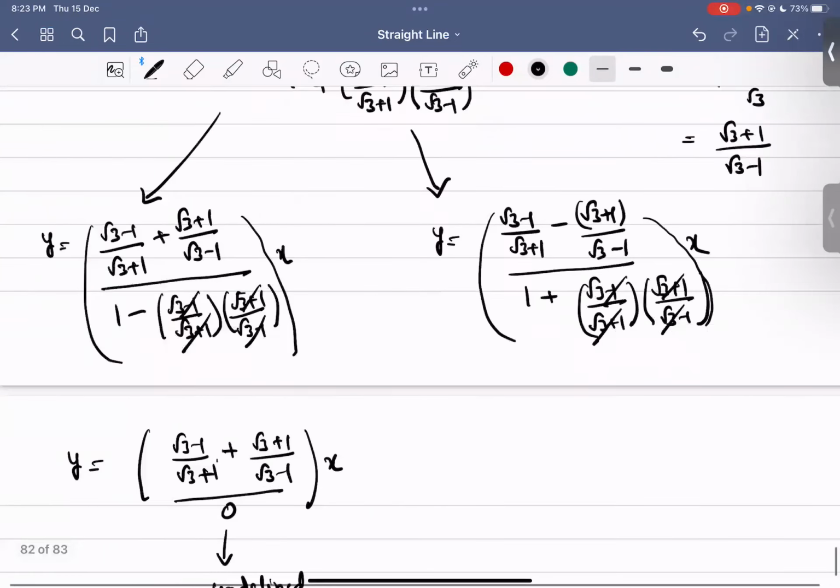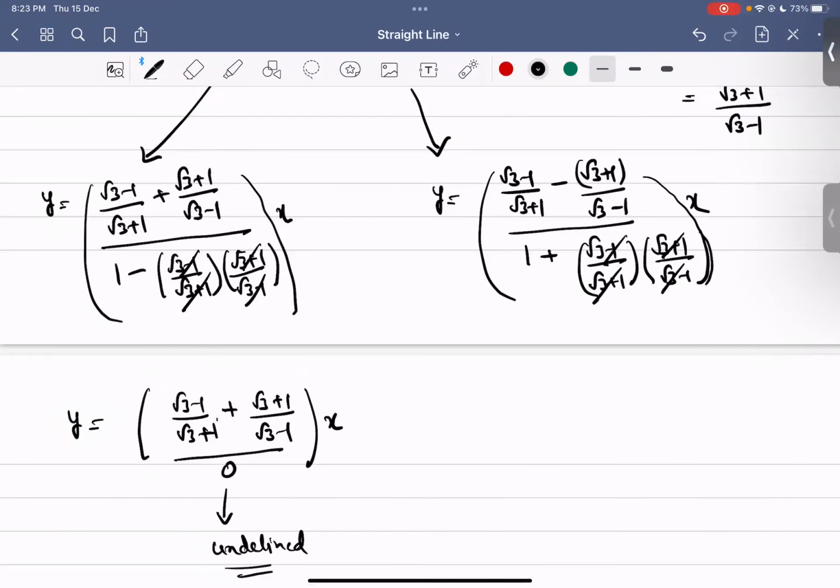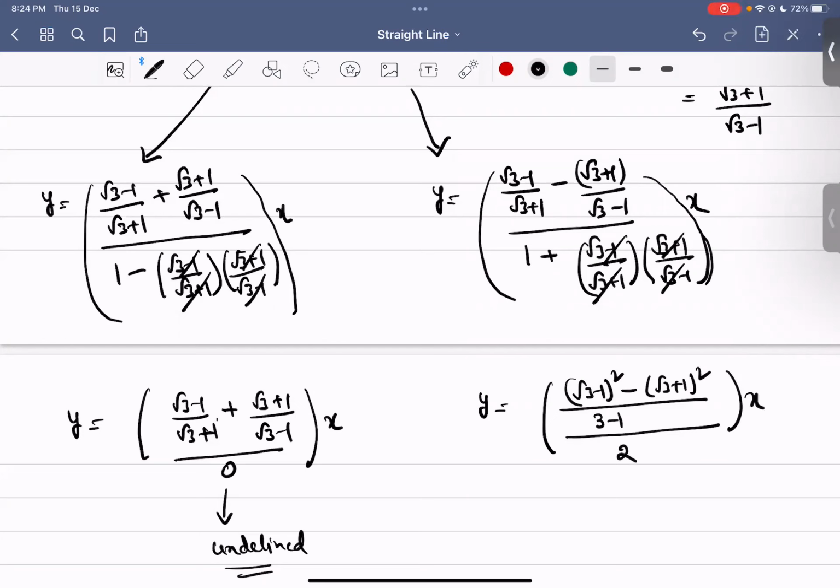Now come to this one. Here the second line is y equals, here (root 3 plus 1) into (root 3 minus 1), the LCM is 3 minus 1. Root 3 plus 1 cancels. Here you will have (root 3 minus 1) whole square, minus. Here root 3 minus 1 cancels. (Root 3 plus 1) whole square, over here 1 plus 1, that is 2, into x.